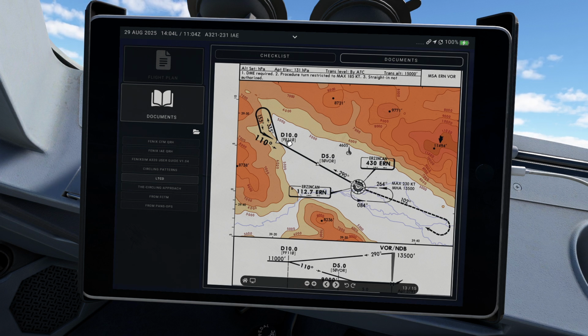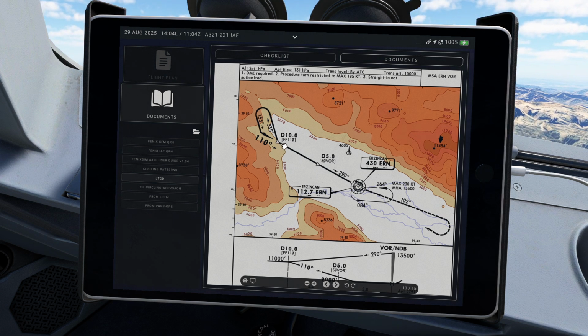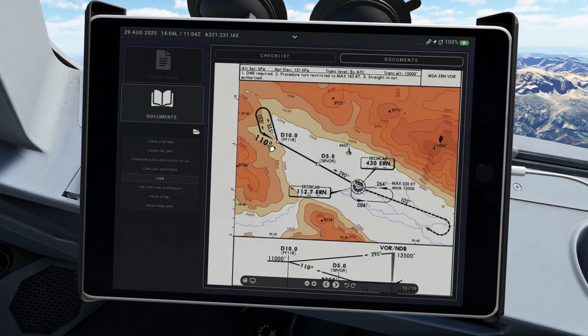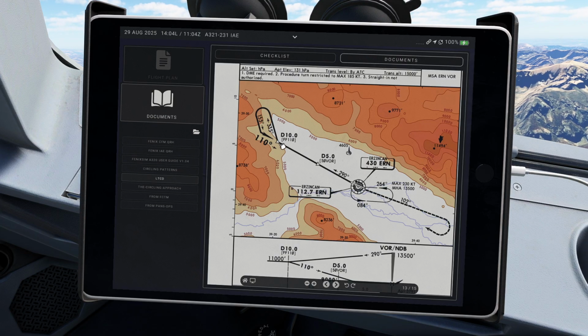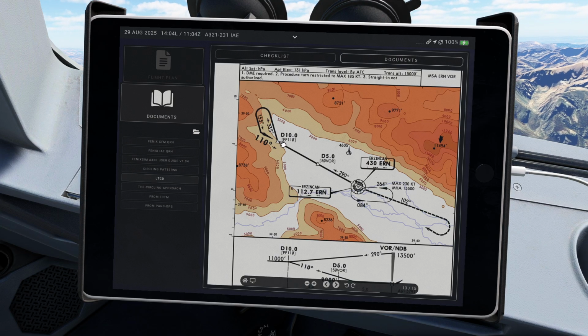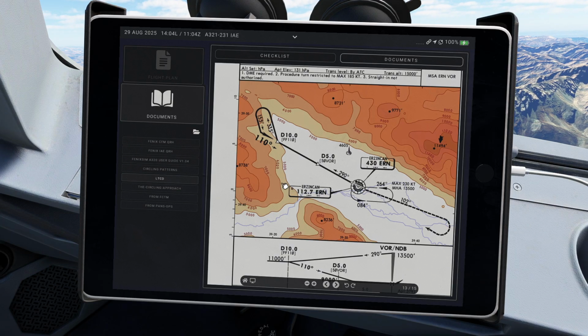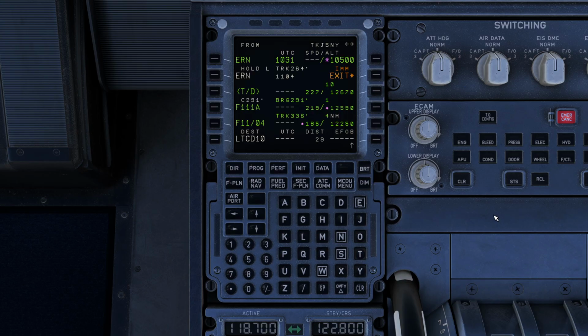The first is the fix identifier indicates it, and the other reason is that we establish on a final course 110 here, the beginning of the final course when we are established on. Okay, when we refer to the MCDU, the final fix of runway 10 is identified.